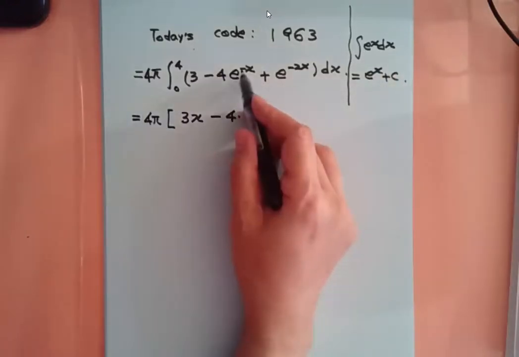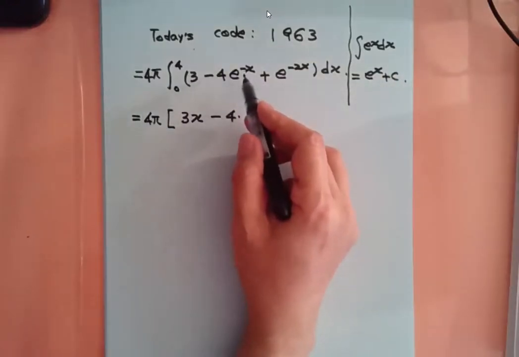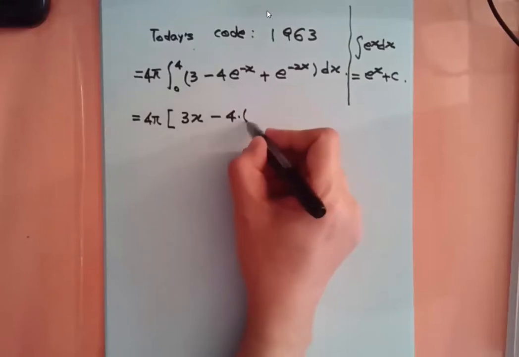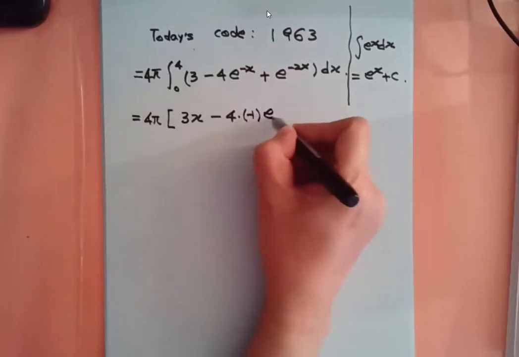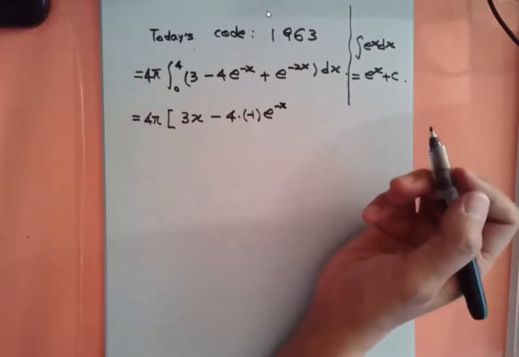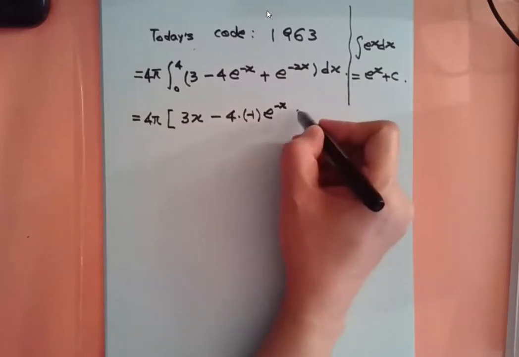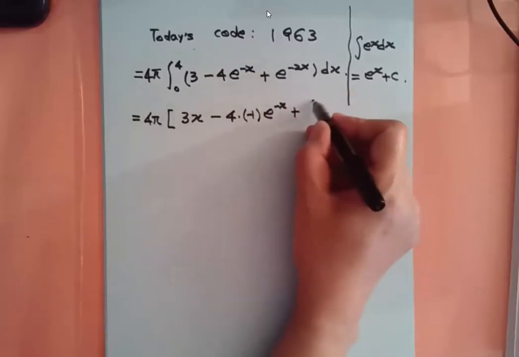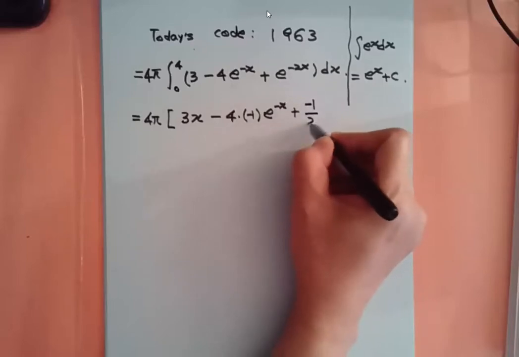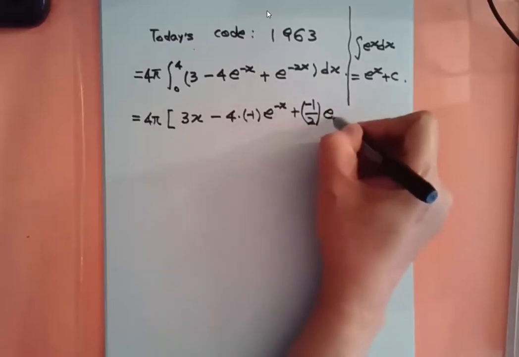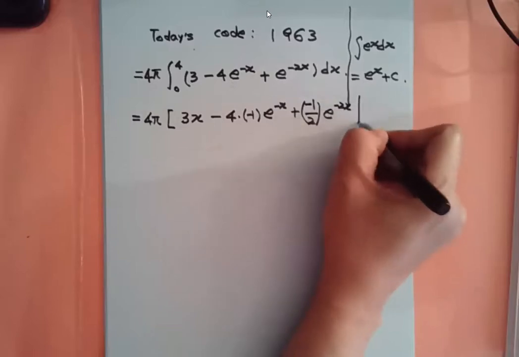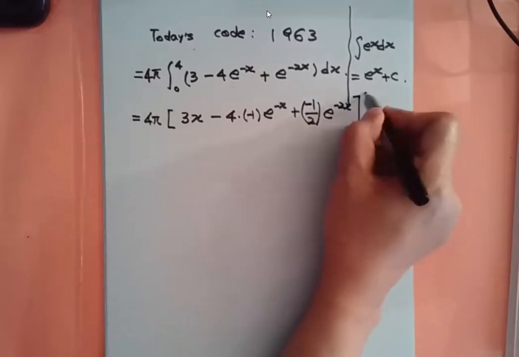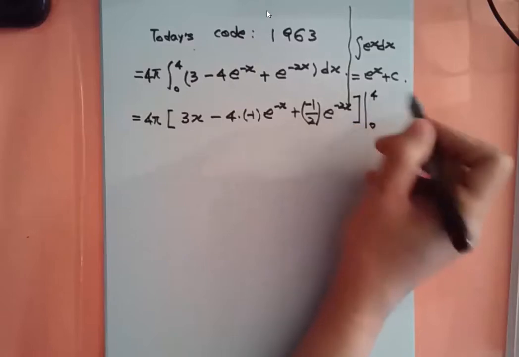And minus, then by doing substitution, you are getting minus 1 times e to the minus x. The next one, you have to divide by this number. So it becomes minus 1 over 2 times e to the minus 2x, from 0 to 4.